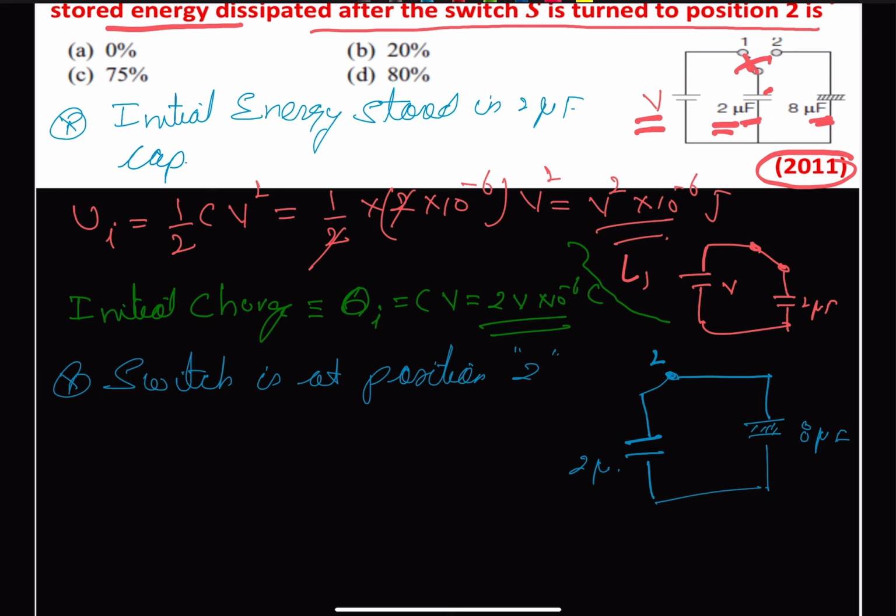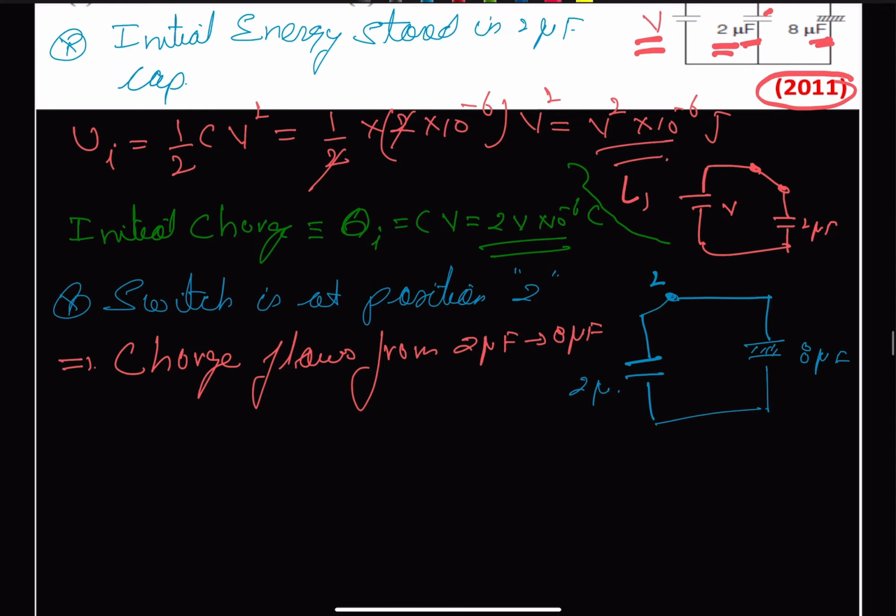We can say that charge flows from the 2 microfarad to the 8 microfarad till a common potential is reached.